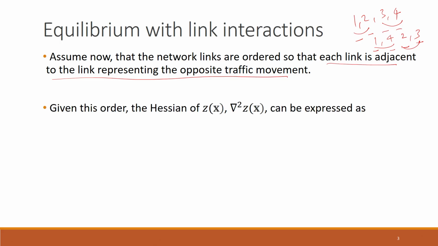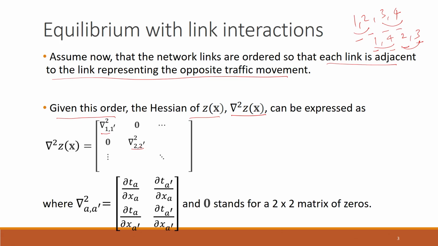So, given this order, that is, the links which are in opposite direction are put side by side, the Hessian matrix of this objective function can be expressed as follows. Now you can see that this Hessian matrix has these small matrices also.